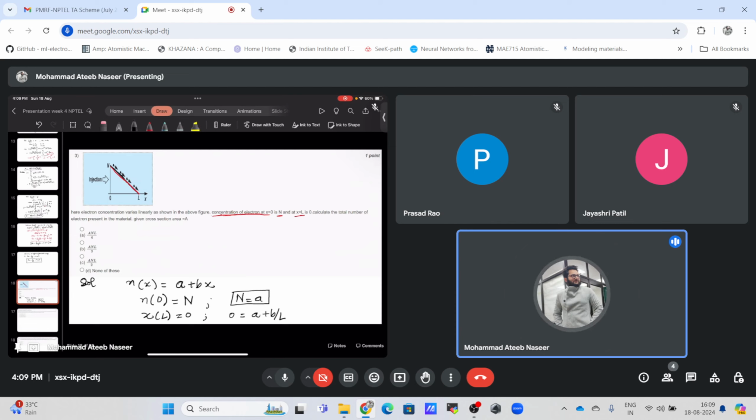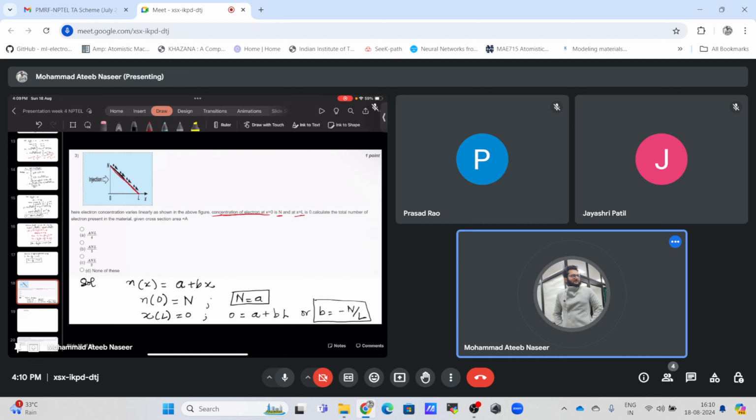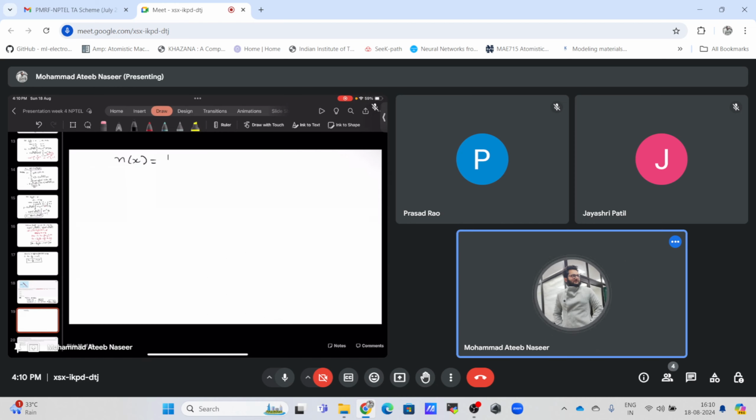Sorry, it is b times L, not b by L. So b is simply minus n by L. So the equation for this electron concentration is n minus n by L times x, or simply n times 1 minus x by L.